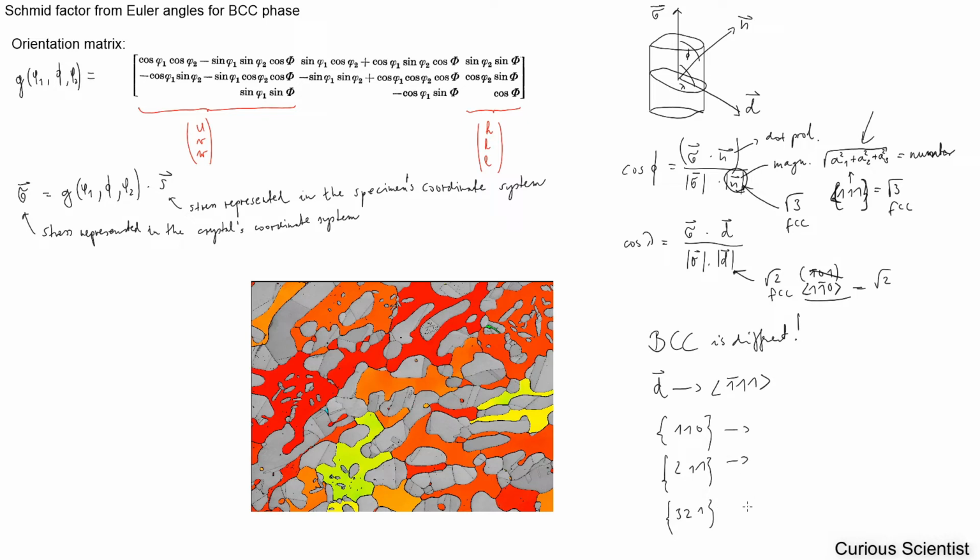Each of these has a different number of combinations or directions. Usually we say that here we have 12 combinations, 12 again with this, and here twice as much, so 24 different combinations.